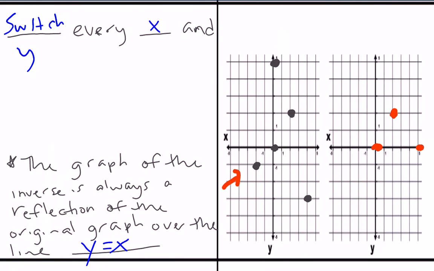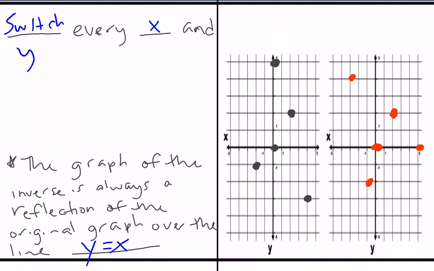Over here, negative 2, negative 1 would become negative 1, negative 2. And this last one, positive 4, negative 3, would become negative 3, positive 4.